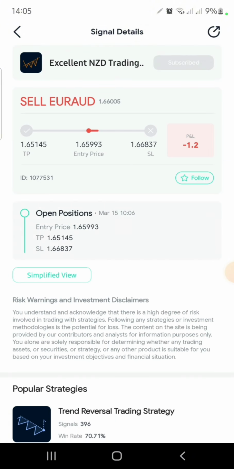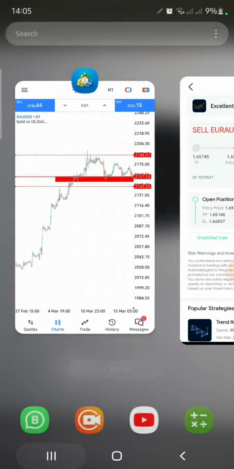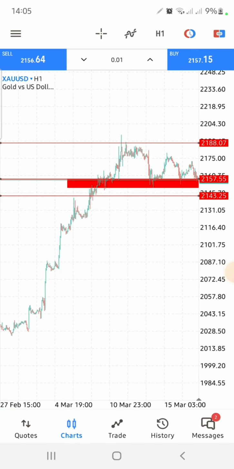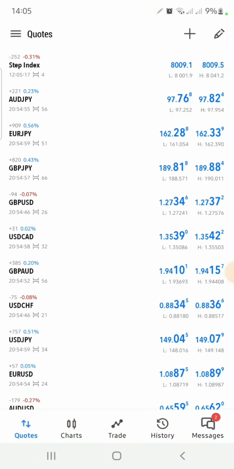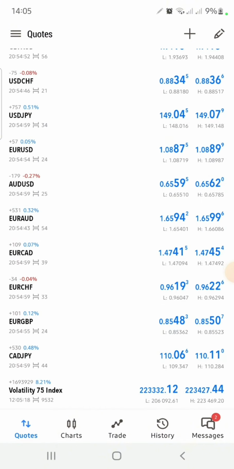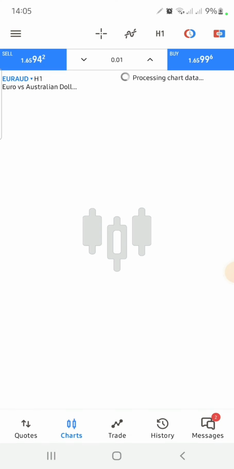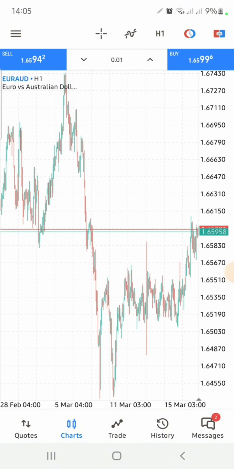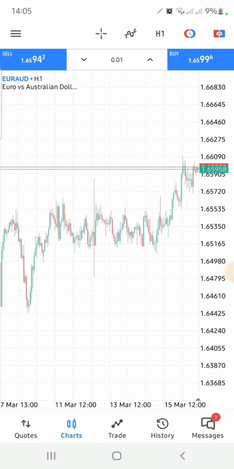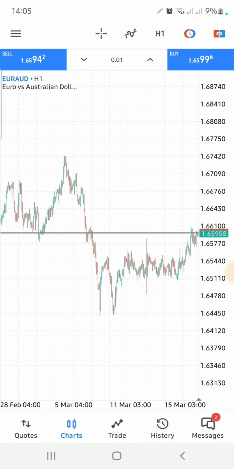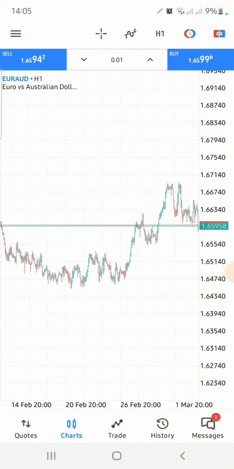So I'm sure that this is a good trade, but first I need to go back to MetaTrader. When I go back to MetaTrader, I'm going to open Euro AUD, and then I want to analyze the market on my own and see what the reasons are for entering this trade. This one says sell, right? So what I'm looking at here is, is there a reason for me to sell?